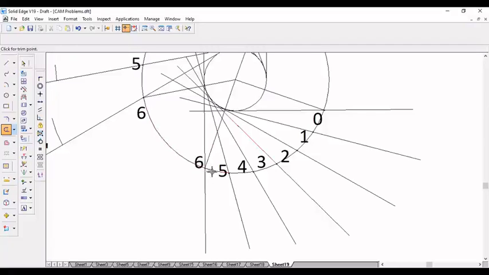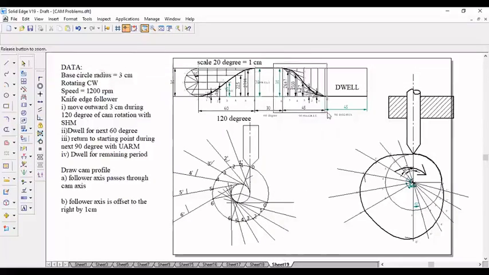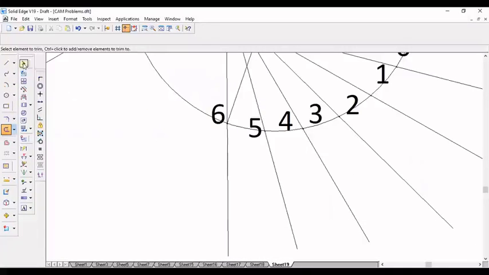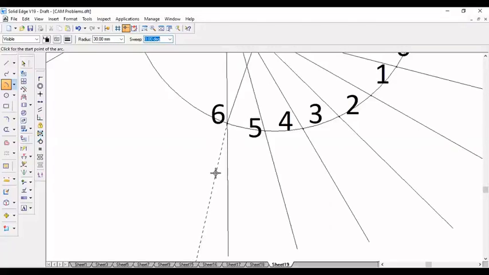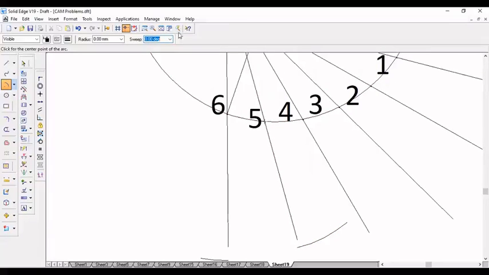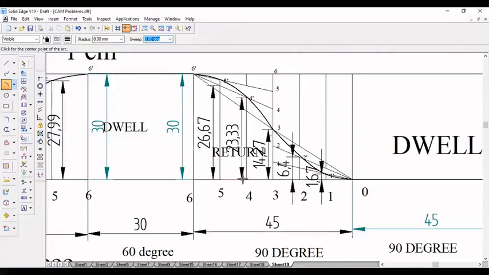So after extending these lines, again you should mark the points from this point to the tangent line. So again, 6 to 6 dash is 30, 5 to 5 dash is 26.67. Similarly, 4 to 4 dash is 23.33. 3 to 3 dash is 14.27.